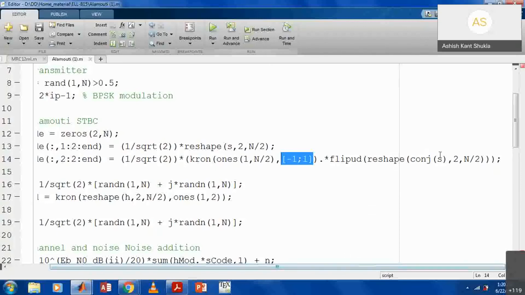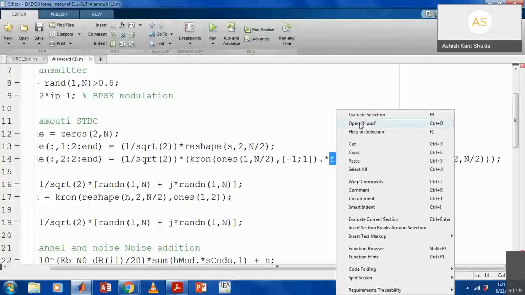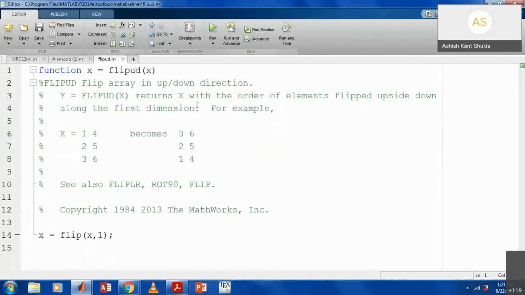Then you know about the reshape command. Since here BPSK symbol is used, there is no need for conjugate. But if you are using a QPSK symbol, you need this conjugate command, because there will be a phase also. And what is this flipud command doing?